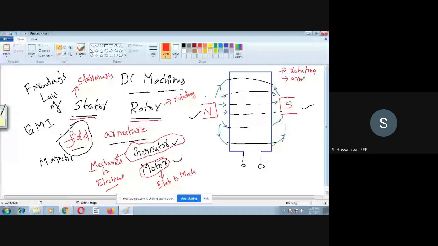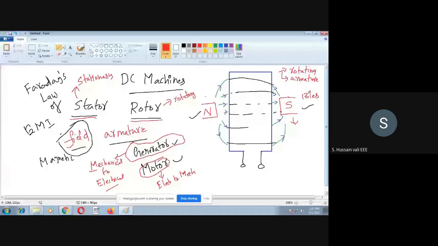Just now I told you that for the magnetic field in a DC machine, there are two possibilities: either you use permanent magnets or electromagnets. Here, I have taken permanent magnets, North Pole and South Pole.